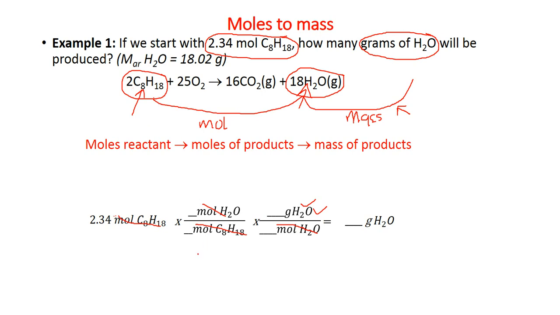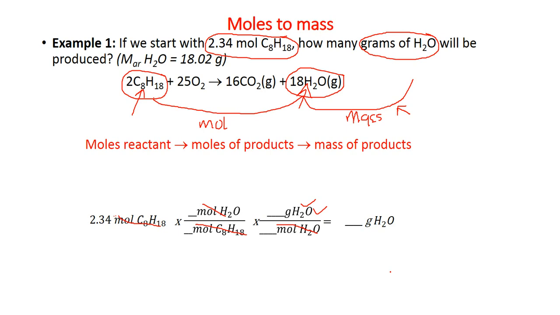Here we know that there is 18 water here, and there is 2 octane here. 2 into 18, we are going to have 9 here and 1 here. This one is telling us the number of moles. Each 1 mole of water has the molar mass up here. So here you should always have a 1 down here when you compare it to the molar mass up here.